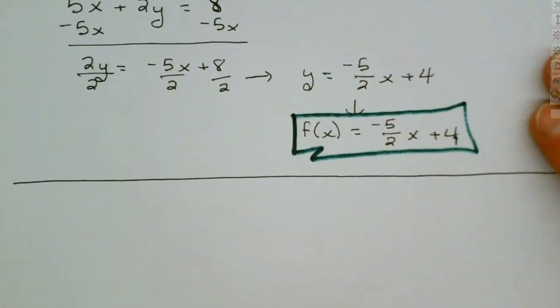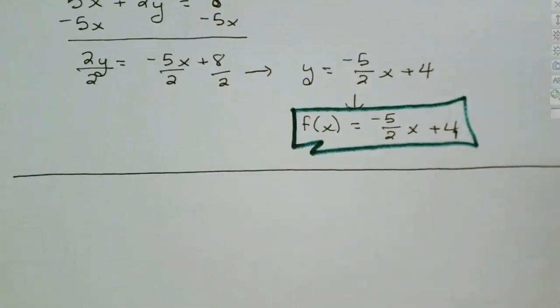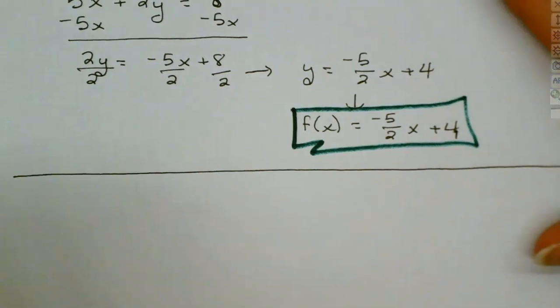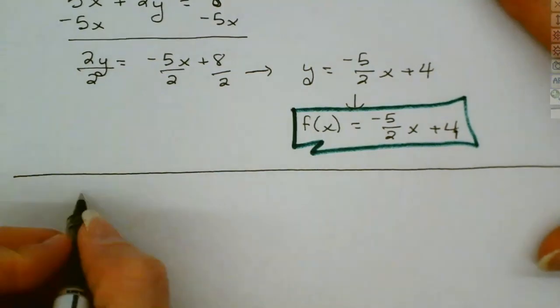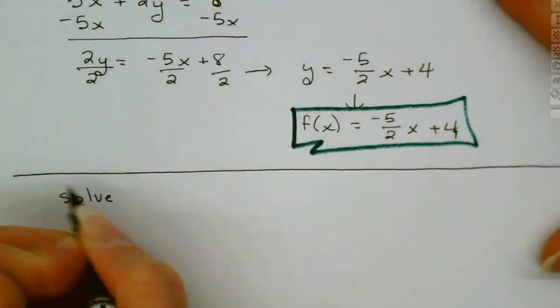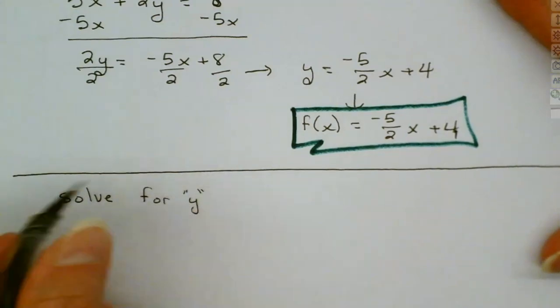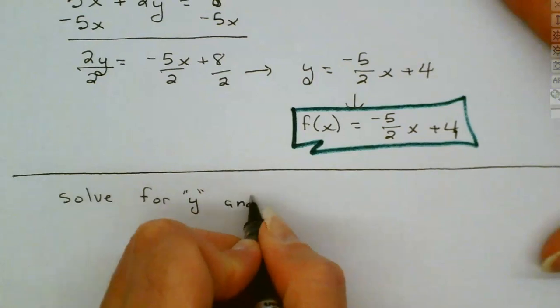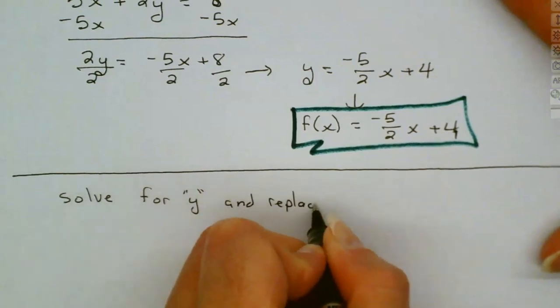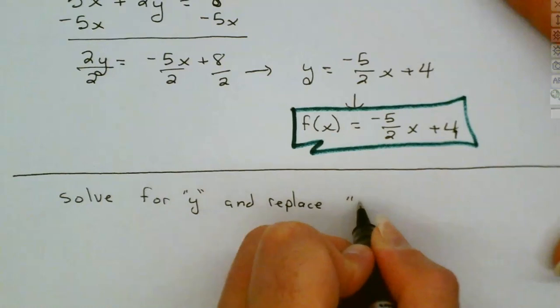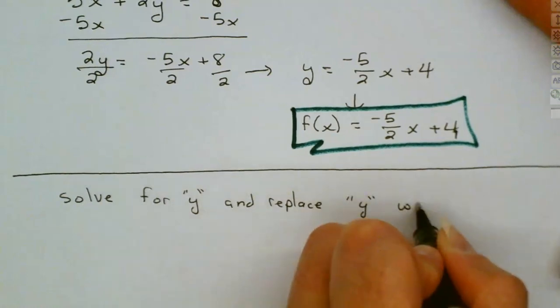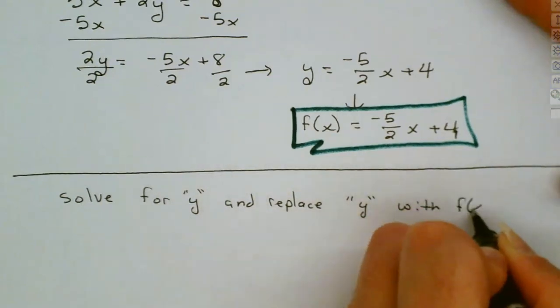Let's do one more, and then we'll move on to the next section. Again, same directions. Solve for y and replace y with f of x.